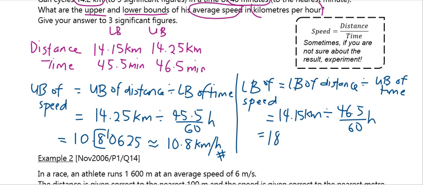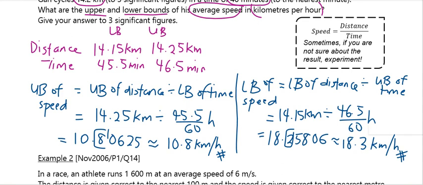Using a calculator, you get 18.25806, and your answer will be given in 3 significant figures. So it will be 18.3 kilometers per hour. Right, so that's for the first example.